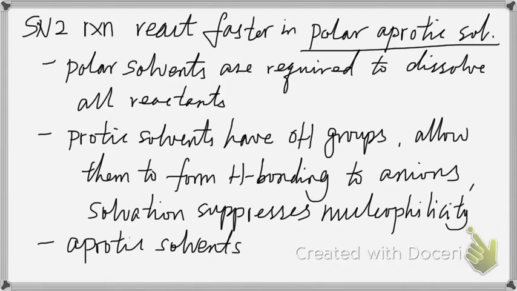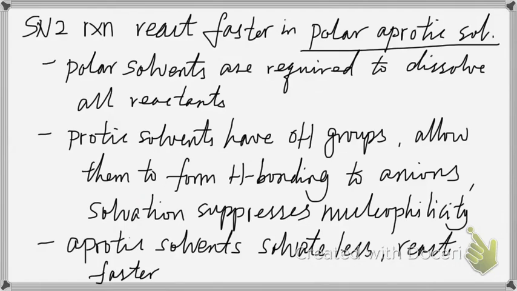On the other hand, aprotic solvents are the ones without acidic protons, no OH groups. Aprotic solvents will solvate less, which means the reaction will be faster because nucleophiles are good in aprotic solvents. Reaction will be faster.